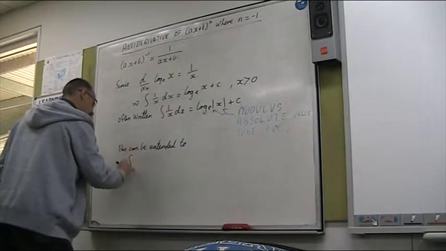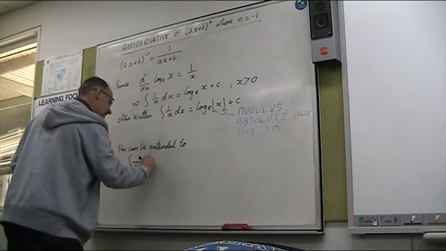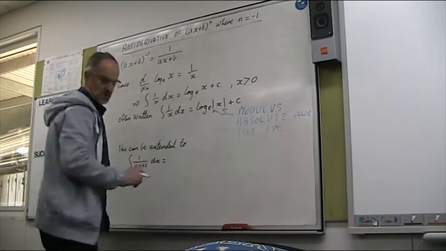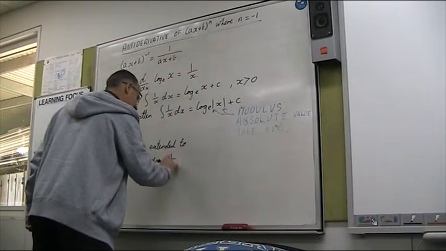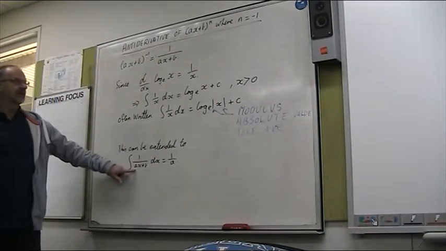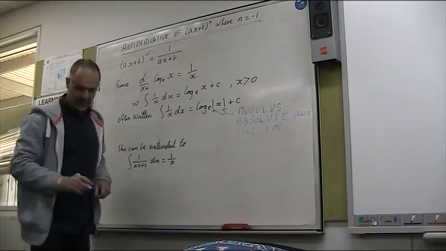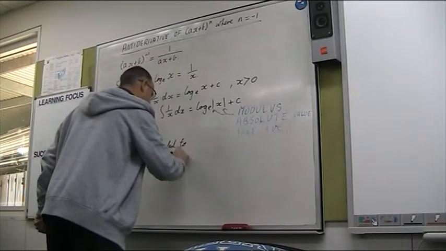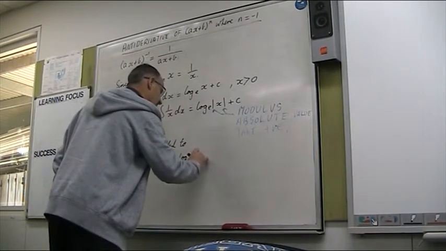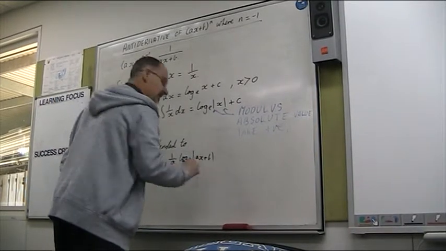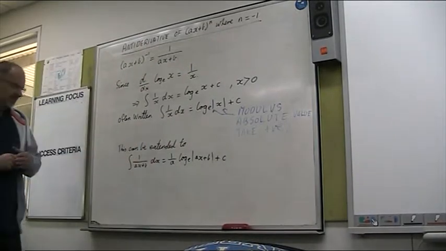So the antiderivative of 1 over ax plus b dx is 1 over a, extended, and then log to the base e, the absolute value of that denominator, plus c.